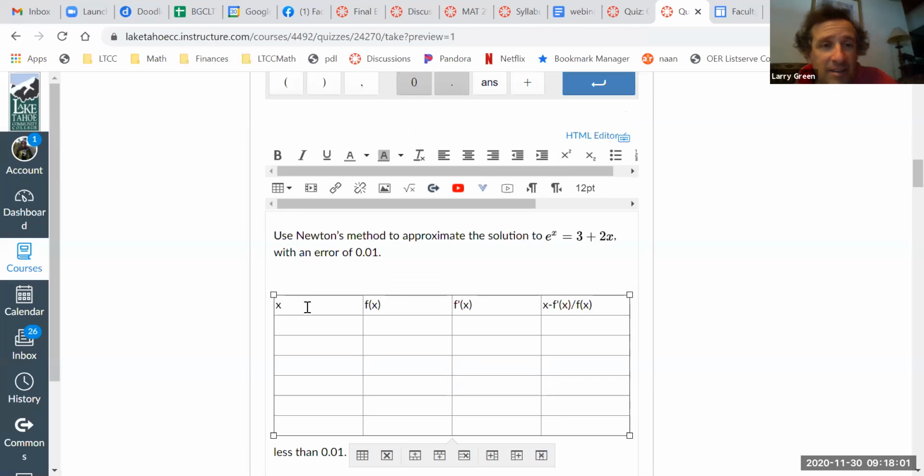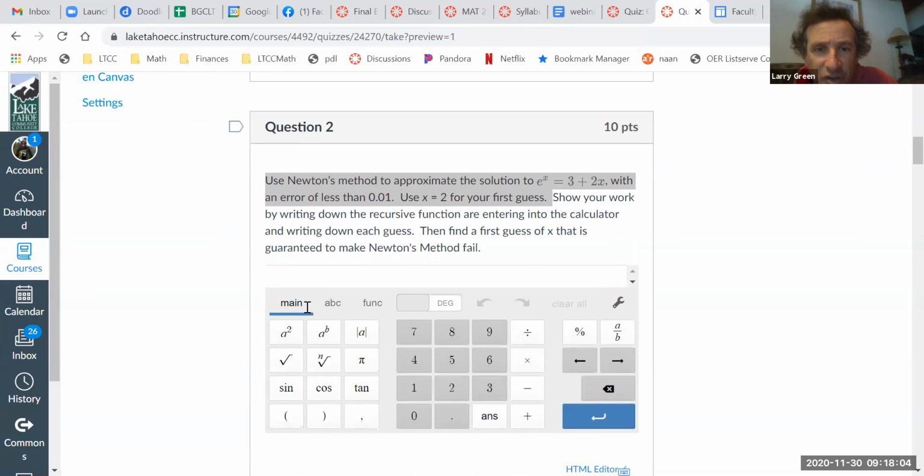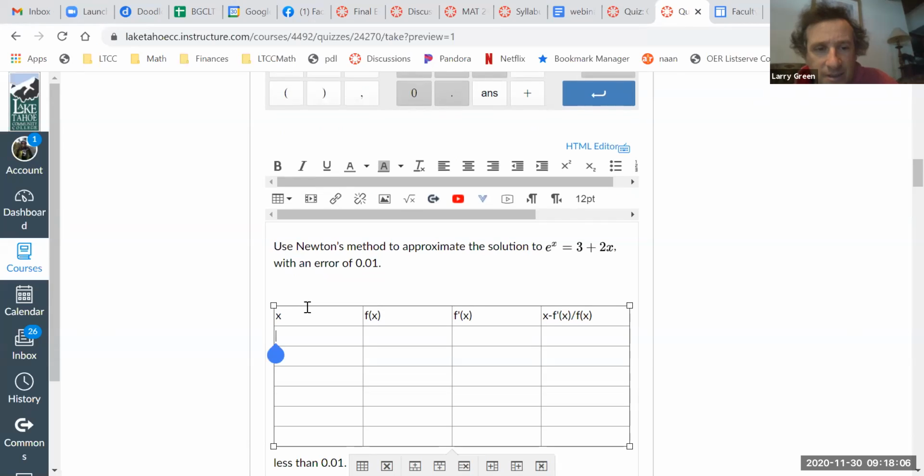Okay, our first guess, according to the instructions, was 2. Now this is something a lot of people have trouble with. We want to solve e to the x equals 3 plus 2x. Are we trying to find a critical point?